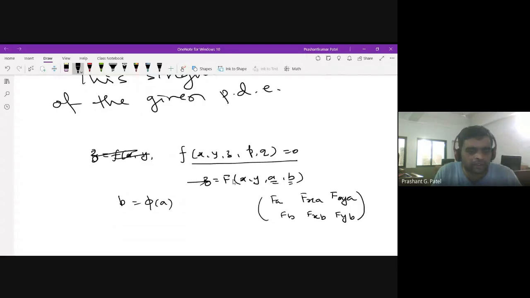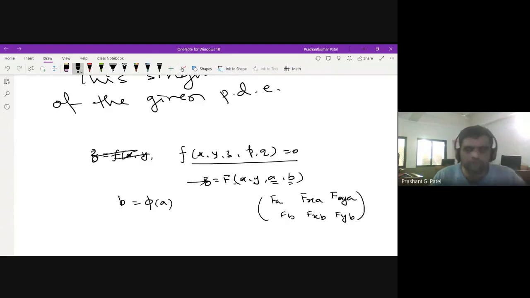Now, knowing the types of solutions, or integrals, the interesting fact is how to obtain a solution of a partial differential equation.